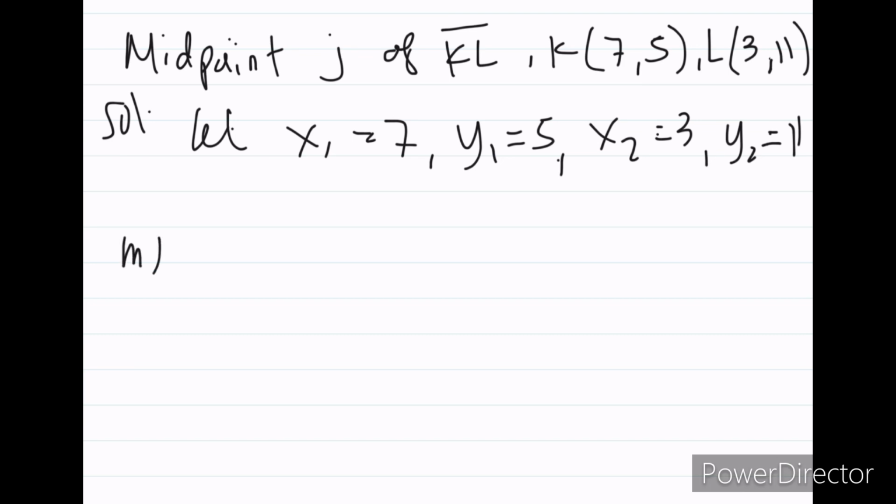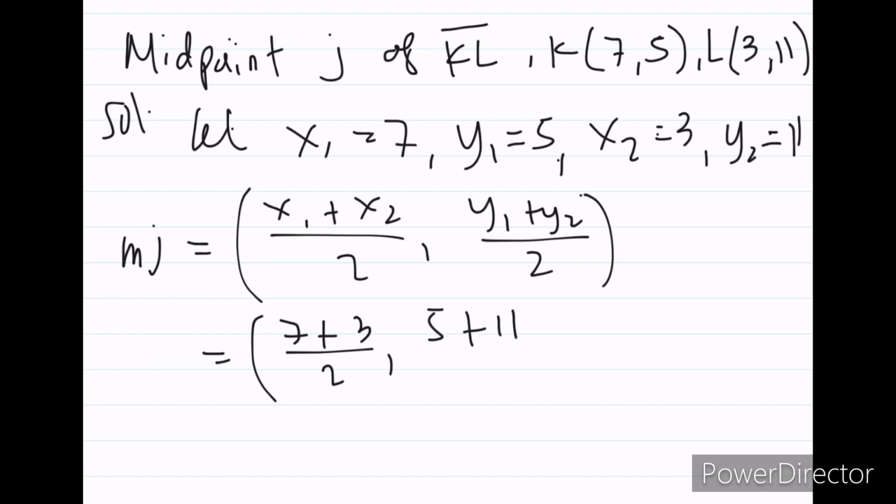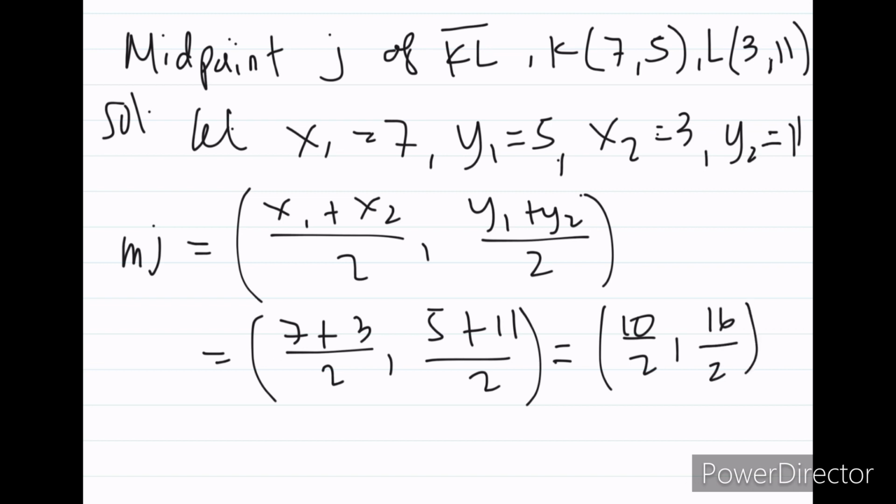The midpoint J is x sub 1 plus x sub 2 over 2, and then y sub 1 plus y sub 2 over 2, which is equal to 7 plus 3 over 2, and 5 plus 11 over 2, which is equal to 10 over 2 and 16 over 2.